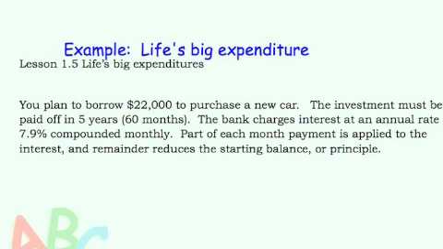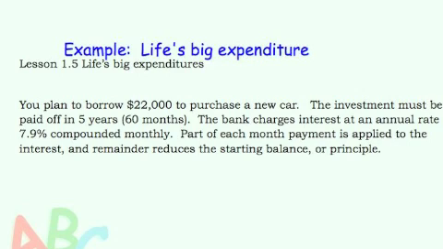The first example that I would like to talk about is life's big expenditures. Suppose you plan to borrow $22,000 to purchase a new car. The loan must be paid off in 5 years, or 60 months. The bank charges interest at an annual rate of 7.9% compounded monthly.